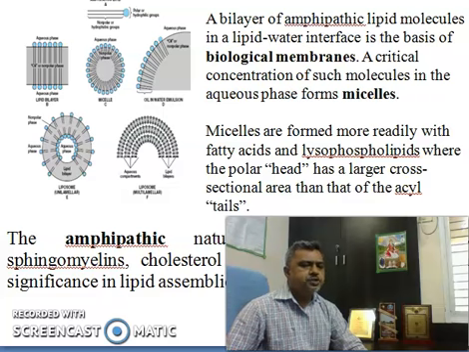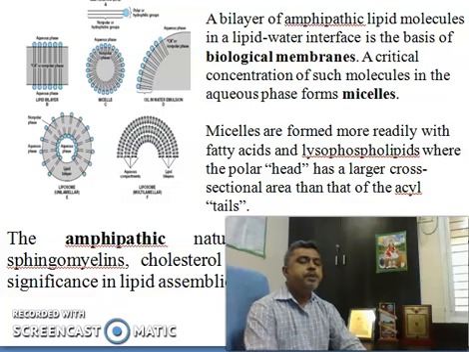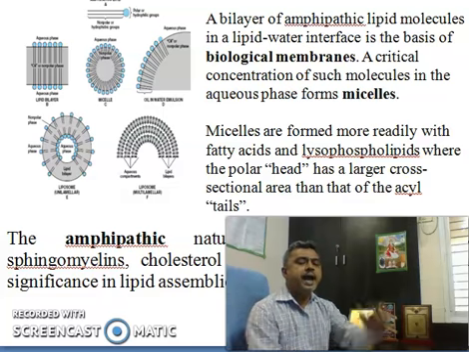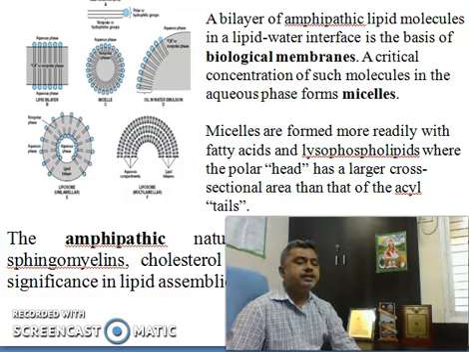A critical concept: at a concentration of certain molecules in the aqueous form, they will form micelles. Micelles are formed more readily with fatty acids and lysophospholipids, where the polar head has a larger cross-sectional area than that of the acyl tail.